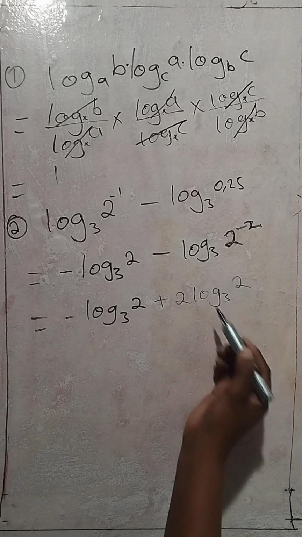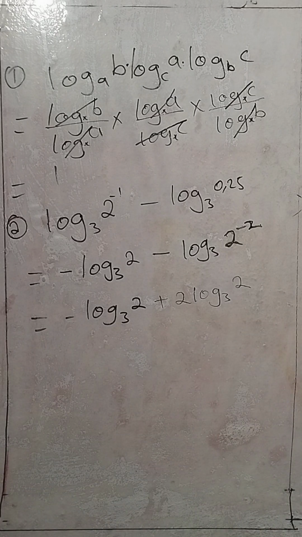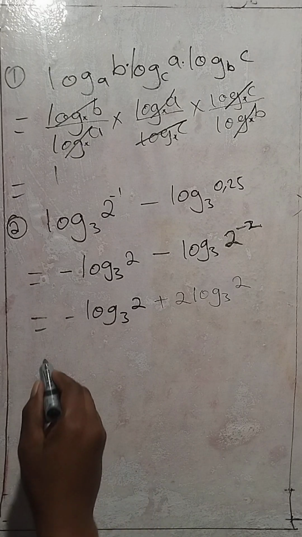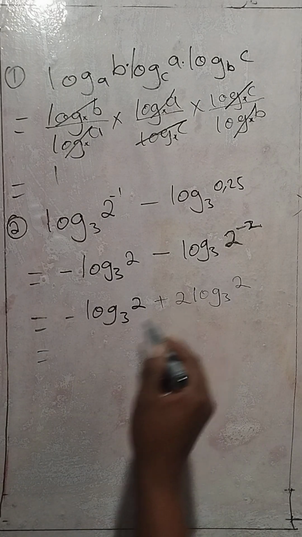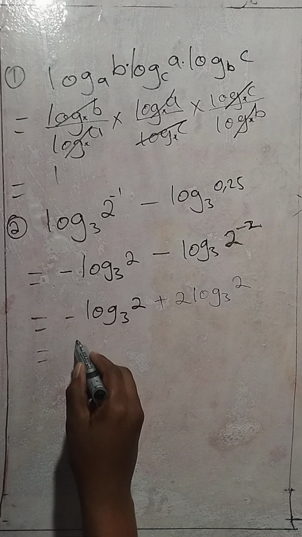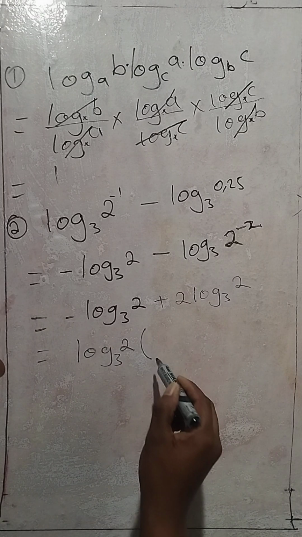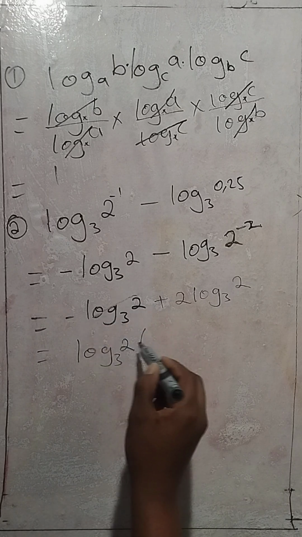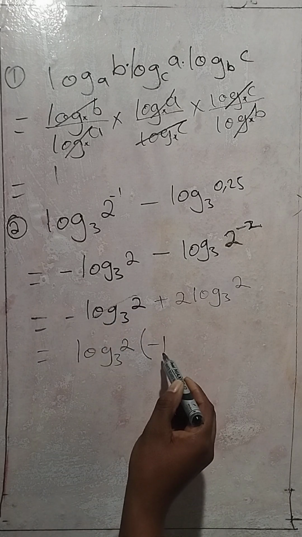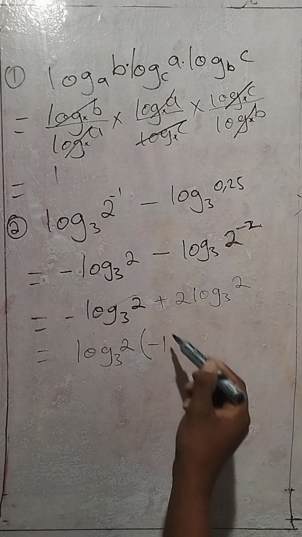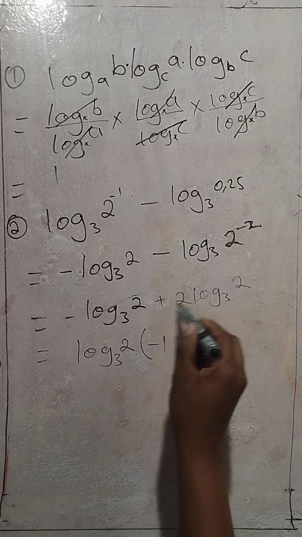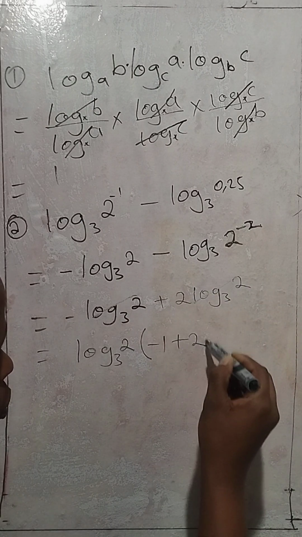So now, what am I going to do? I'm going to factor out what is common. What is common there is log of base 3 of 2. When I remove this, I'm left with negative 1, because anything multiplied by negative 1 is the same thing. When I remove this from the other term, I'm left with 2, so it will be plus 2.